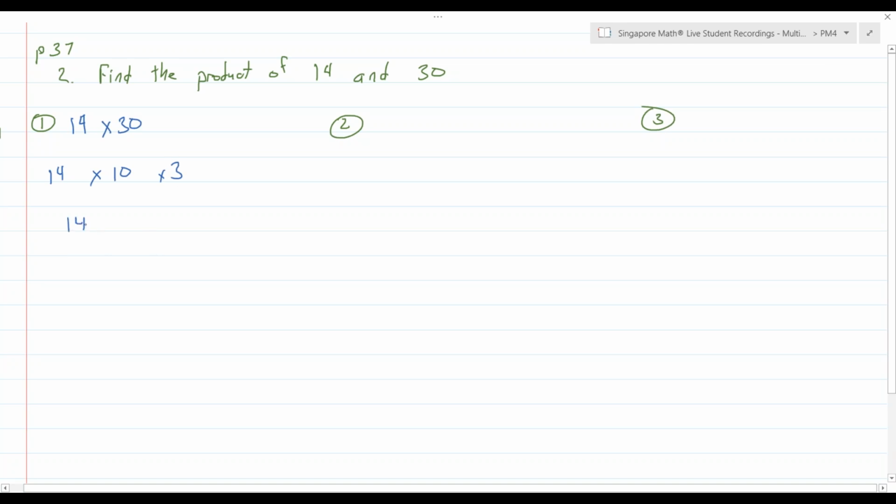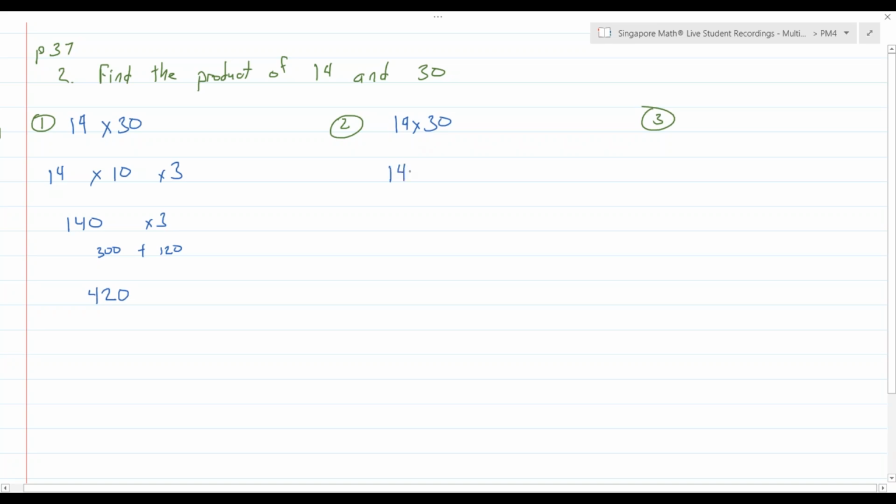That gives you 140 times 3. 140 times 3, well, that's 300 and 120, or 420. You could write that vertically. You could think about it being 300s and 120s. Either of those works.